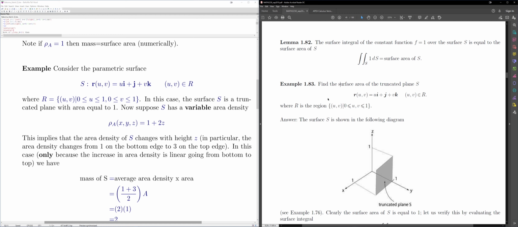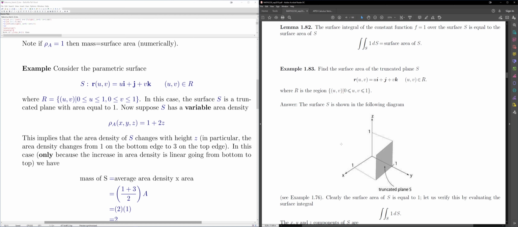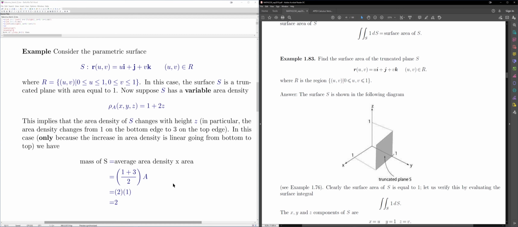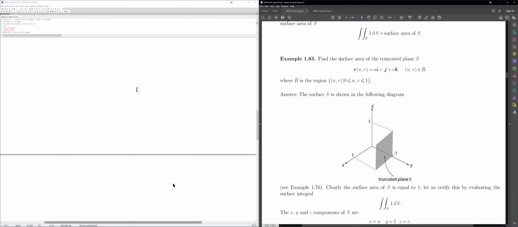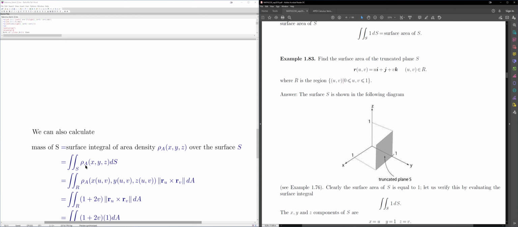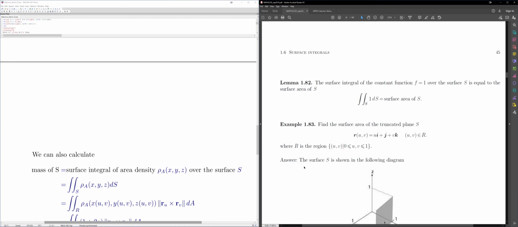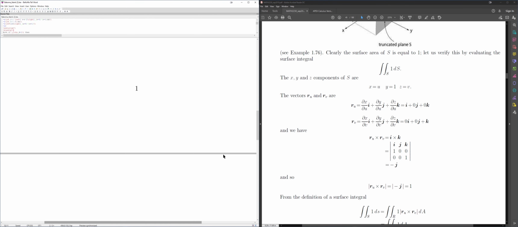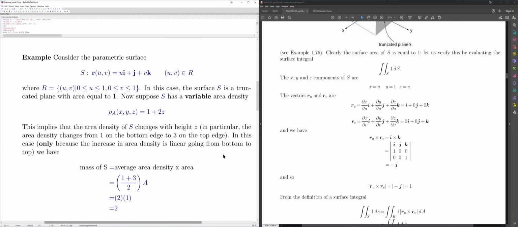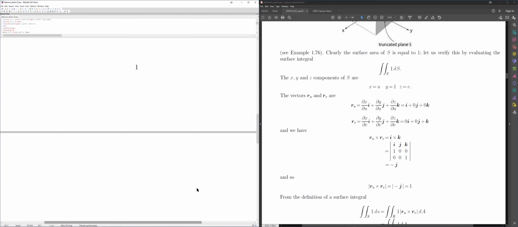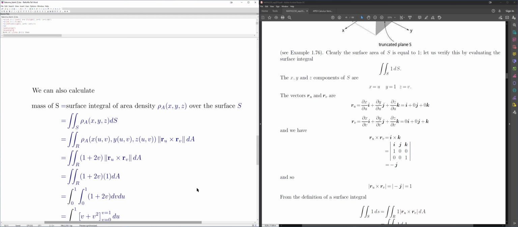The difference is that before I was integrating 1 over this parametric surface, and now I'm going to integrate this area density function, which is different from 1. But between these two examples, the parametric surface is the same.